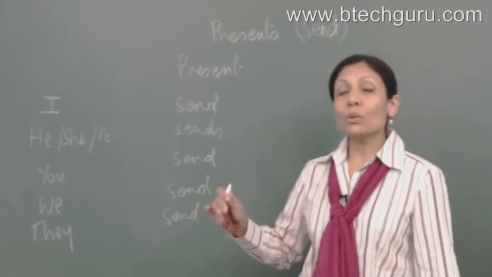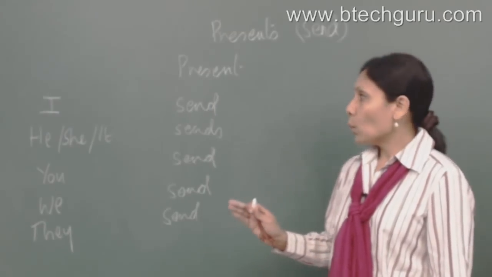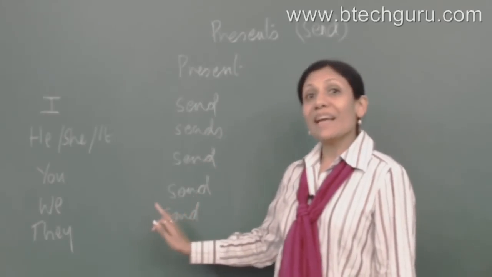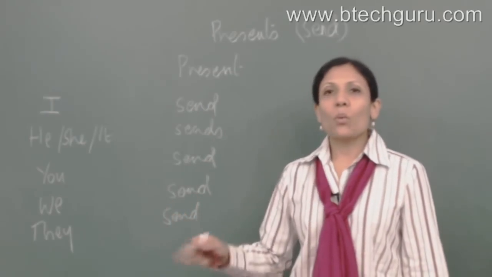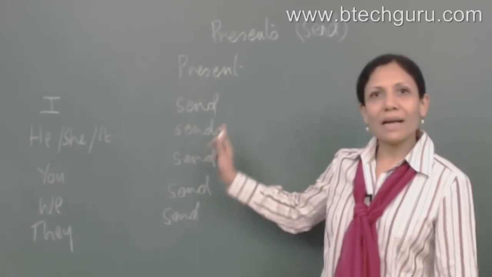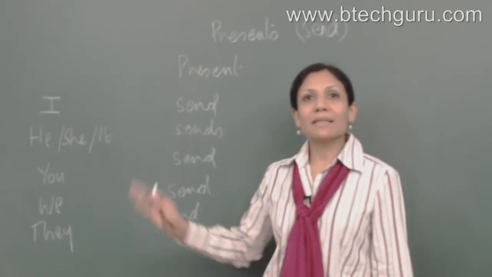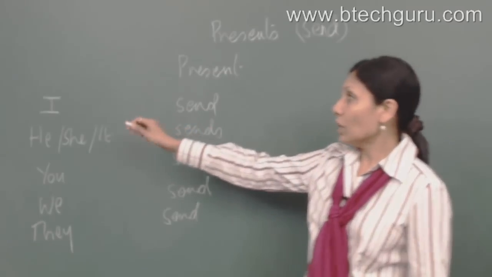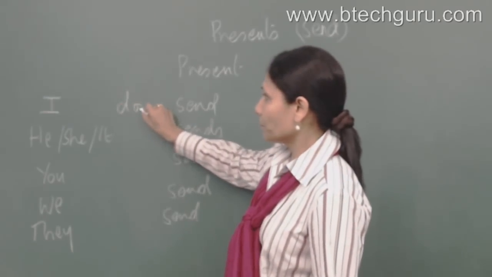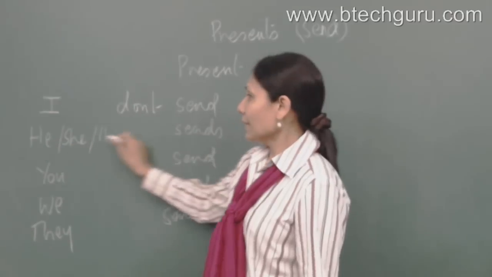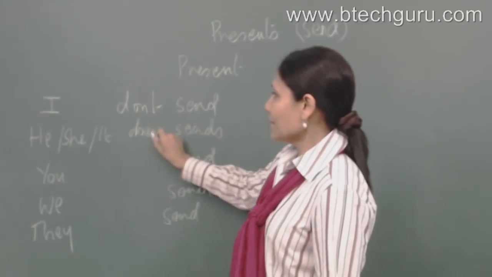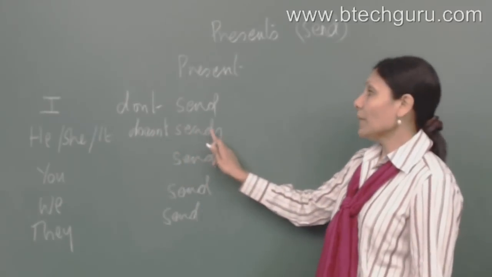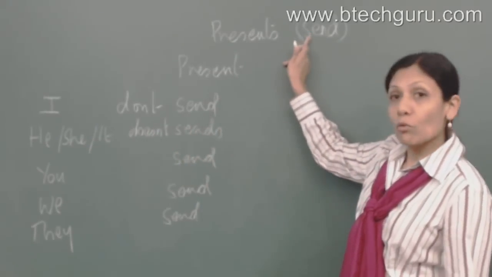Now I would also like to quickly tell you how this becomes negative. When you look at a sentence like I send, how would you make this sentence negative? And therefore I need to say I don't send, he doesn't, and here after doesn't we will have to put only the pure verb.